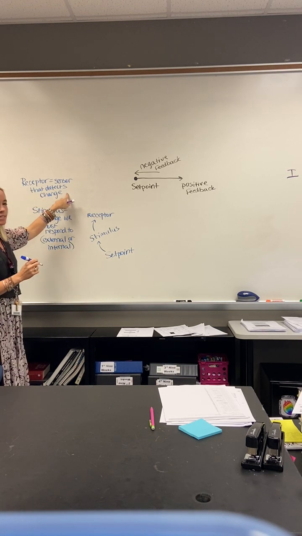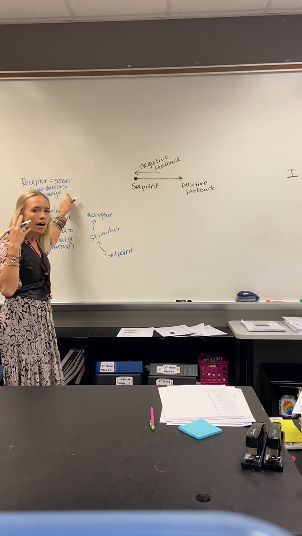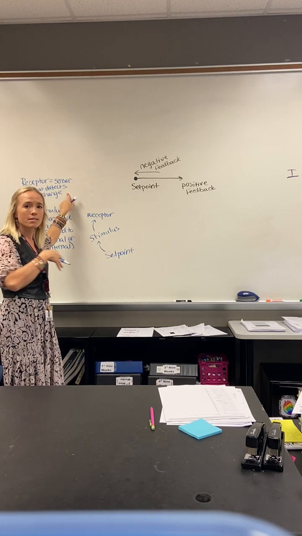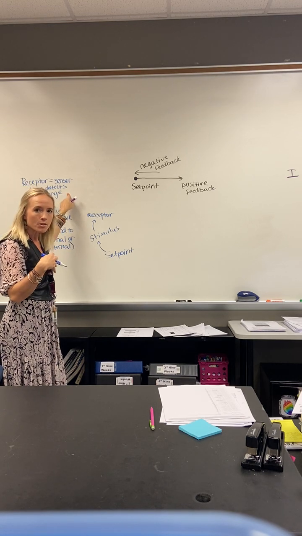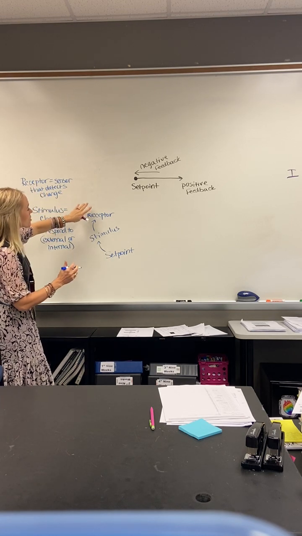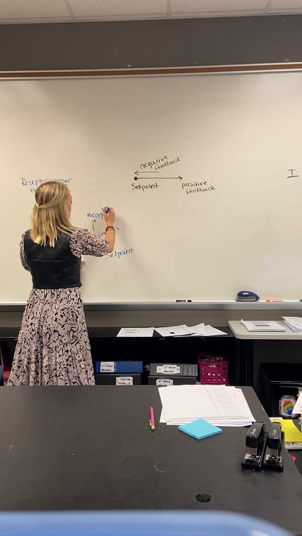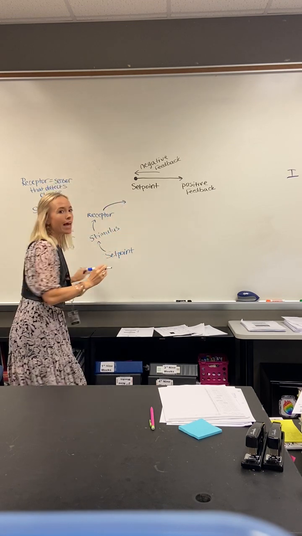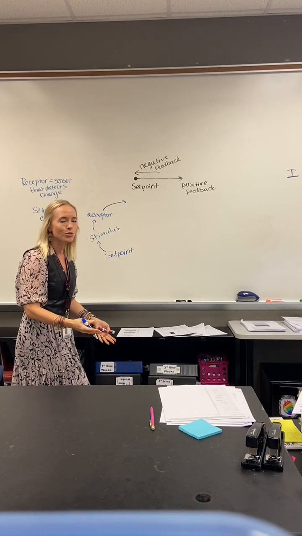Your receptor that senses it could be your eyes, your ears, but it could also be baroreceptors that are in your arteries, your blood vessels, things like that. So the receptor senses a stimulus. It's going to send an alert to the control center.